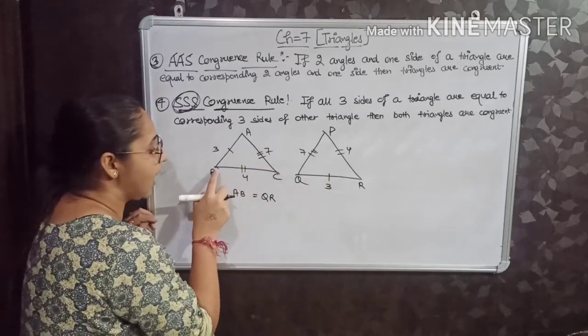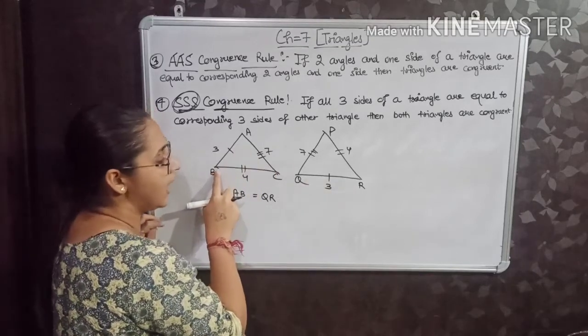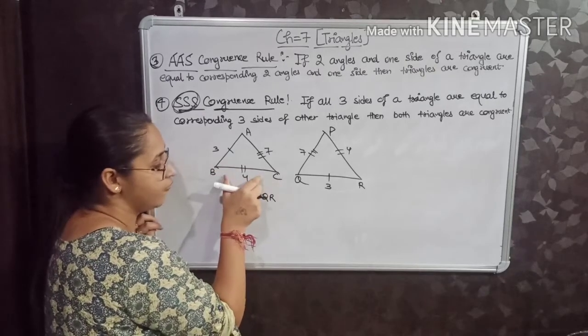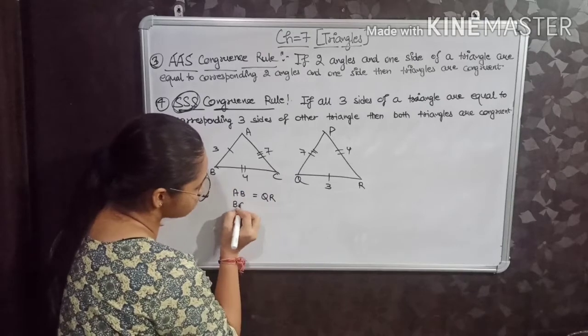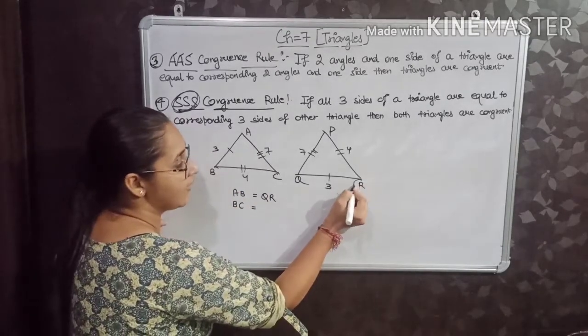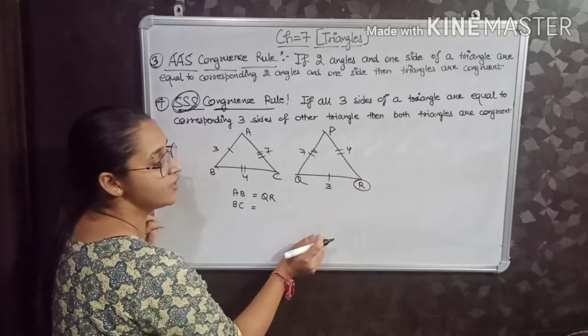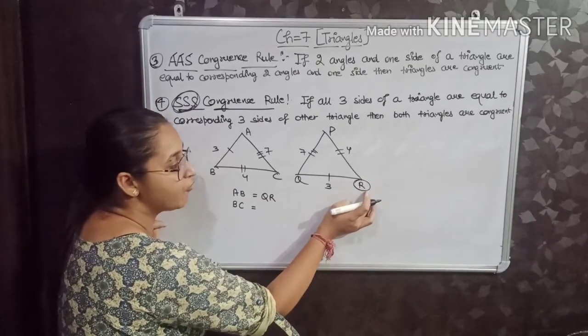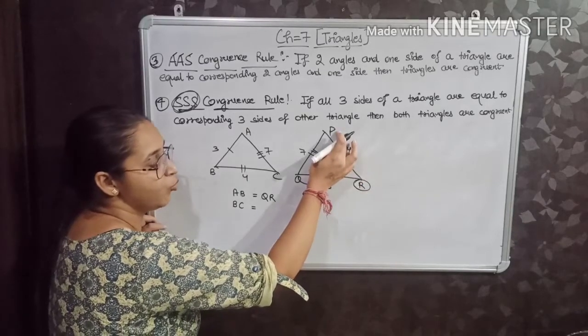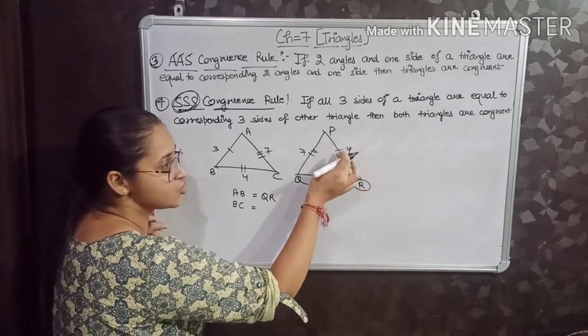Now second, after reaching B, I am moving to point C and the distance is 4. So corresponding to BC, in this triangle I have reached the point R. Now from R, where should I move? I should move to point P to cover the distance of 4.